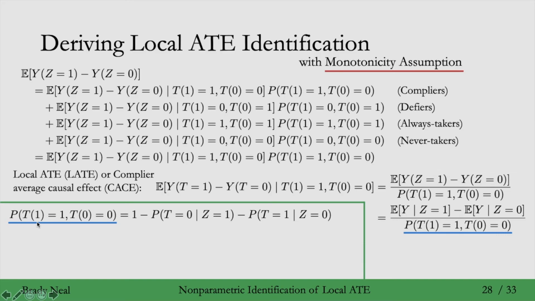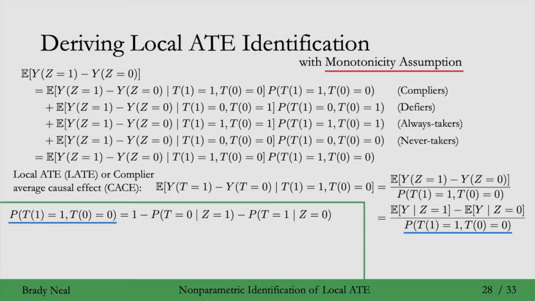And now it's giving us this equality. It's letting us write this probability of compliers in terms of purely observational distribution. In other words, the monotonicity assumption allows us to identify the probability of compliers, something which we wouldn't normally be able to identify because, as we discussed in previous slides, you can't identify the principal strata that people are in without assumptions. Okay, so I just thought it would be worth emphasizing how important the monotonicity assumption is there.